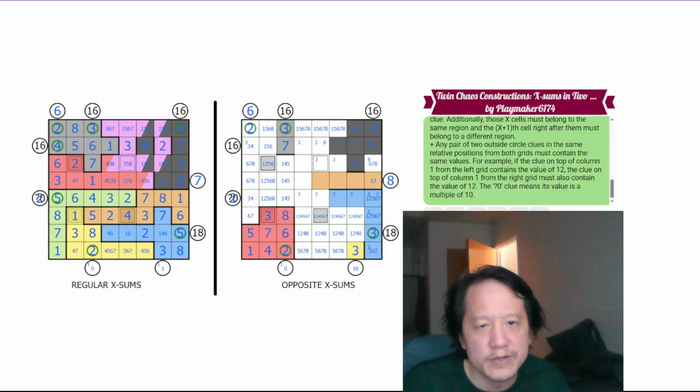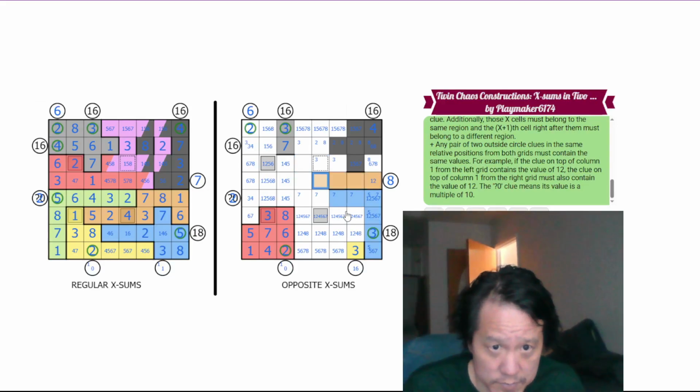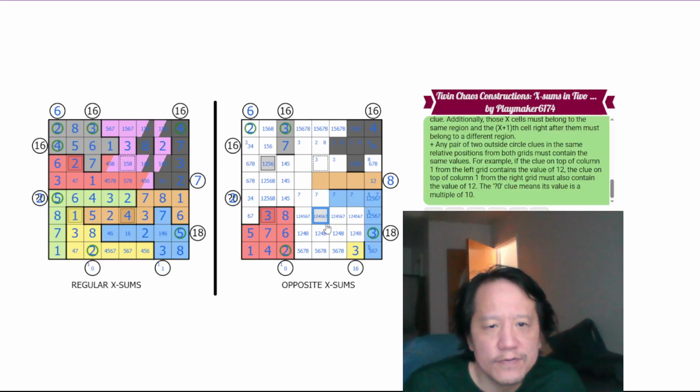So these two are boundaries. We could go orange going that way. That is potentially possible. This could be part of that.